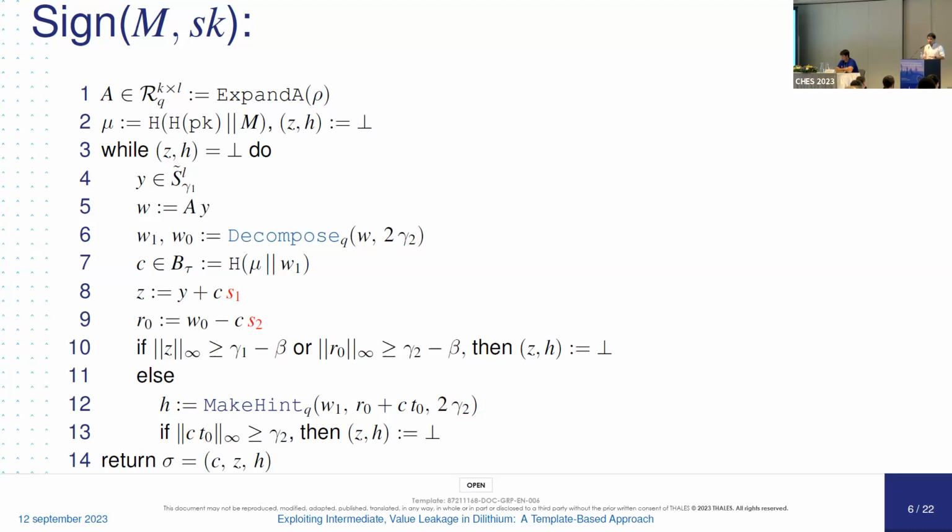And so the main difference is in line 6 here, where we will be computing the upper and lower parts W1 and W0 instead of just the upper part. And so this has repercussions later on lines 10, 9, and also 12. But again, this is how Dilithium is implemented in most of the publicly available implementations.